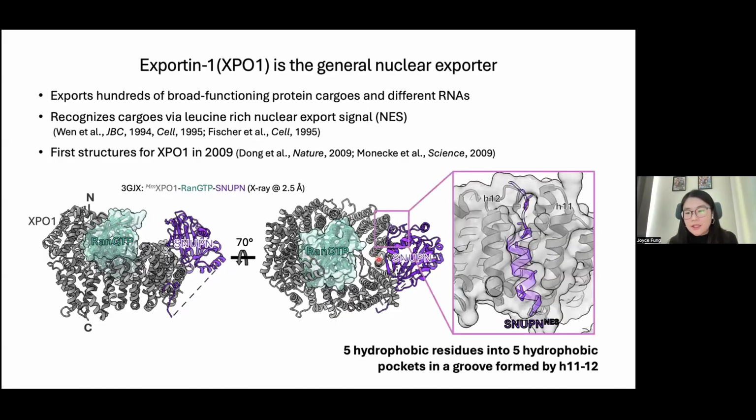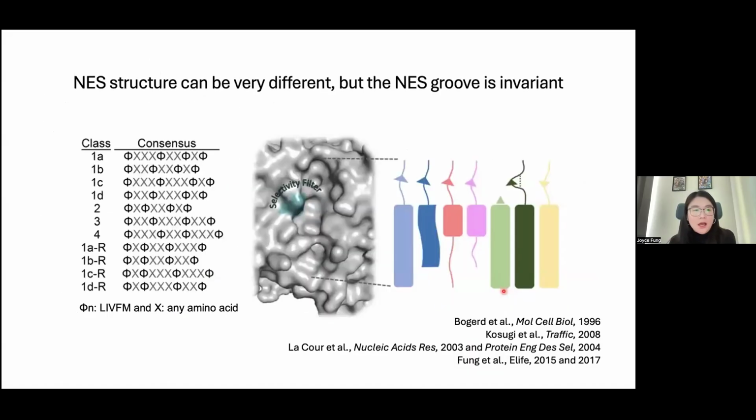If we zoom into the NES, we'll see that the NES has 5 hydrophobic residues that insert into 5 hydrophobic pockets in the groove formed by HEAT 11 and HEAT 12 here in gray. Over the years, and this includes my graduate work, the consensus of the NES has really expanded to a total of 11 different patterns of the hydrophobic residues.